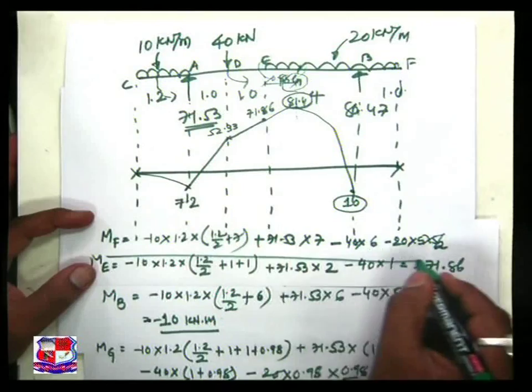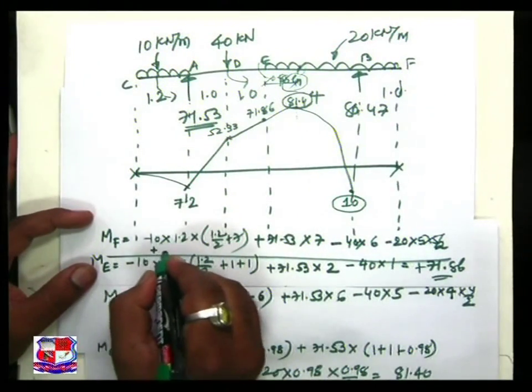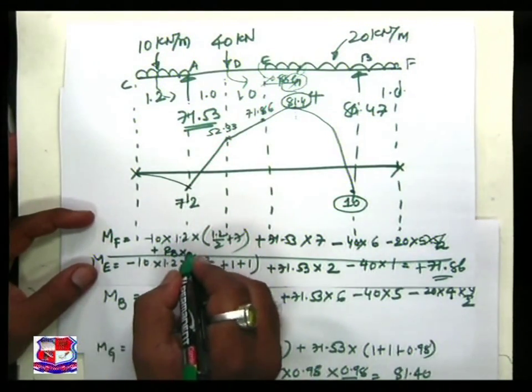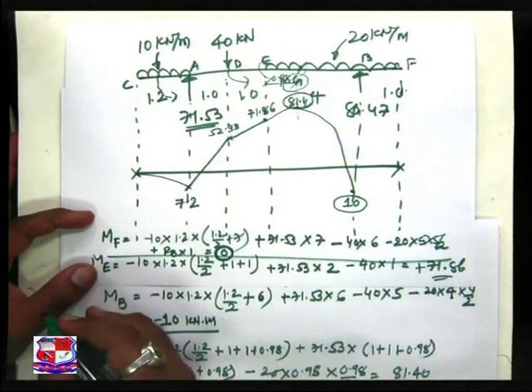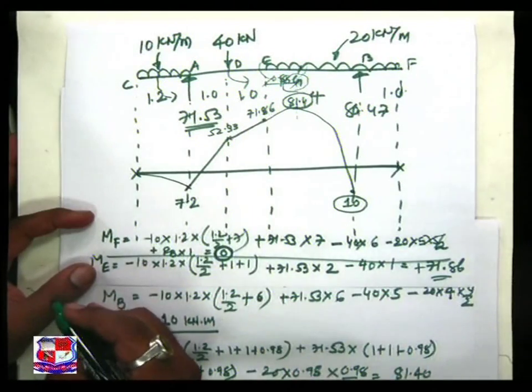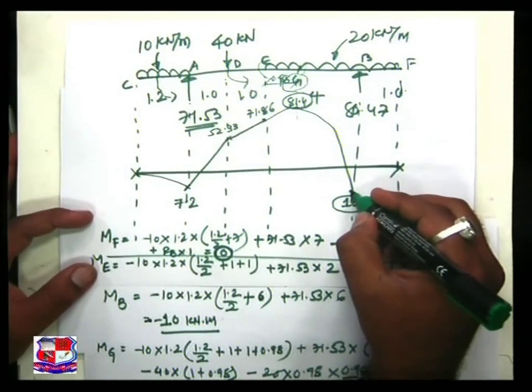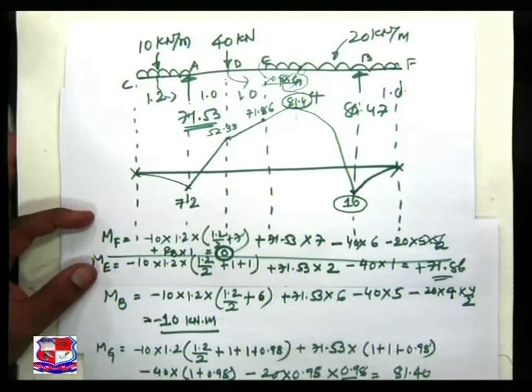Yet one load is remaining, that is RB, plus RB into 1, and this answer must be 0. This answer must be 0, and we can join this with the help of parabolic nature.